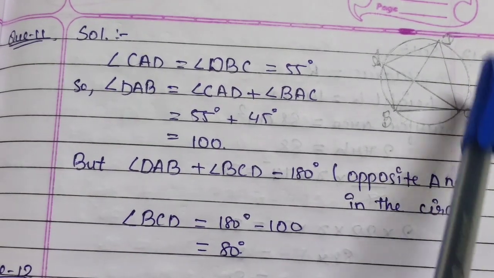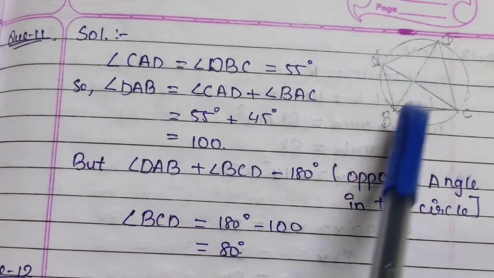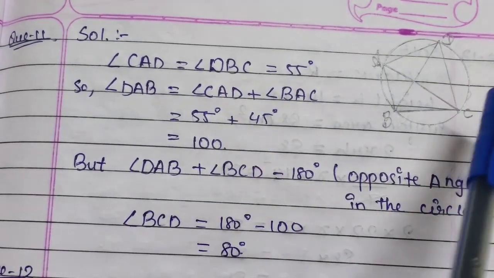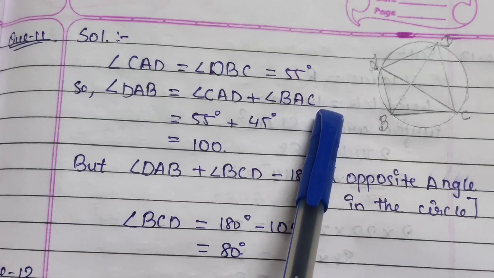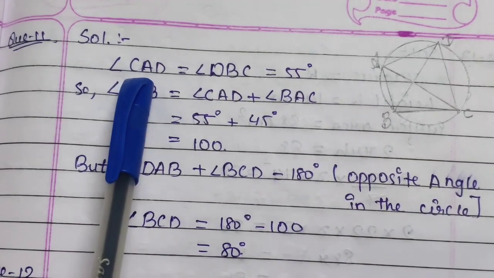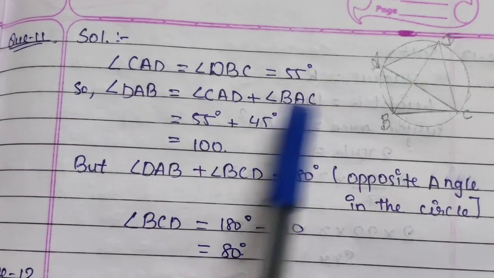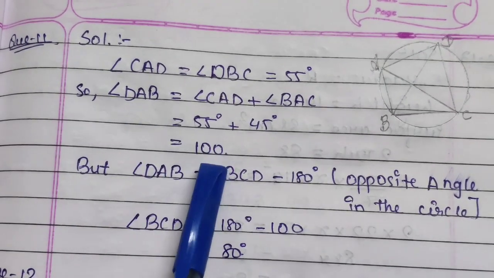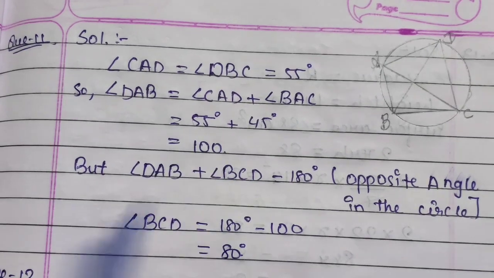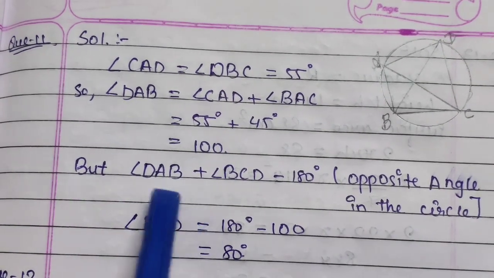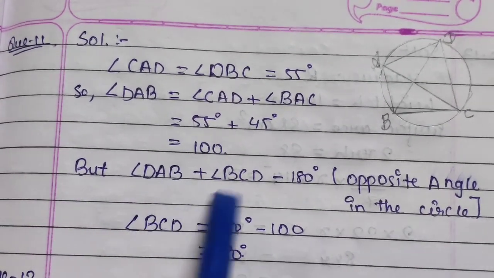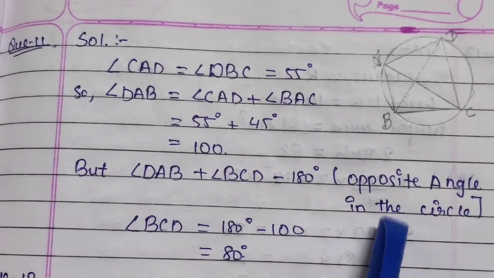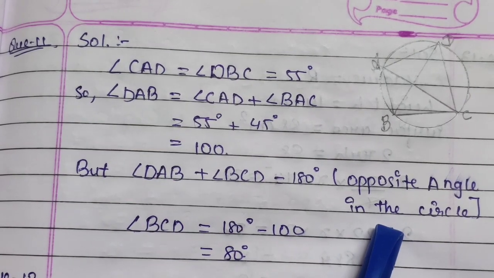See, DAB means CAD plus BAC. CAD we have seen here is 55. BAC is also given, 45. So DAB means 100. Now, angle DAB plus BCD is equal to 180 as per the opposite angles of a cyclic quadrilateral.